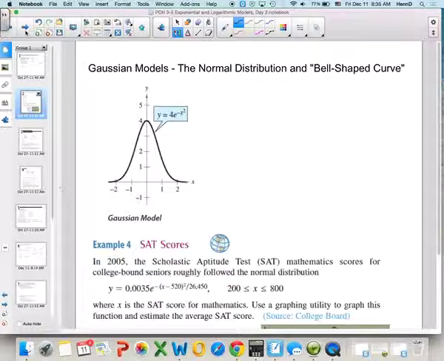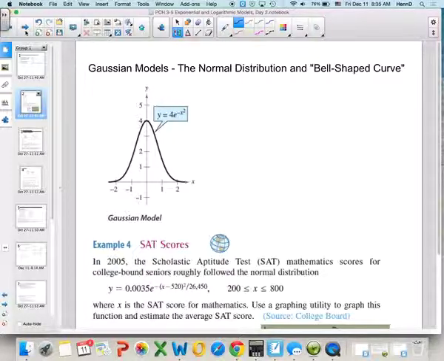So we have this Gaussian model, in this case 4e to the negative x squared. One thing when you're graphing it, though, is if you're dealing with percentiles or probabilities, this isn't the only application.